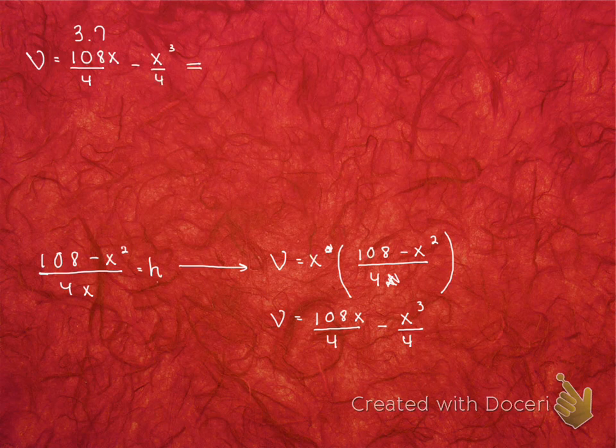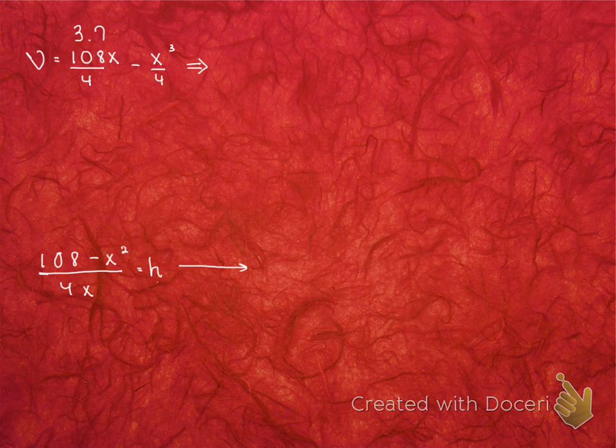So in order to simplify this, because it really doesn't need to be that complicated looking, remember 108x over 4 is equal to 108 over 4 times x, and x cubed over 4 is the same thing as 1/4 x cubed.